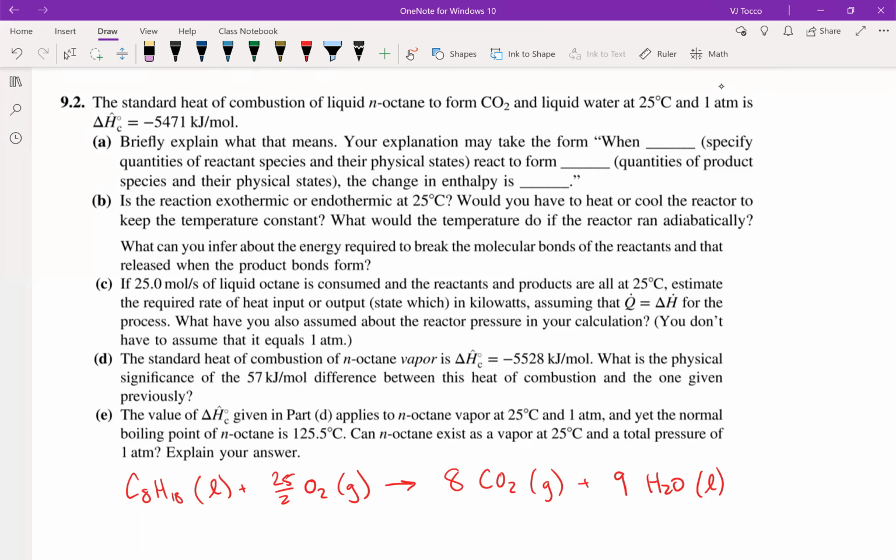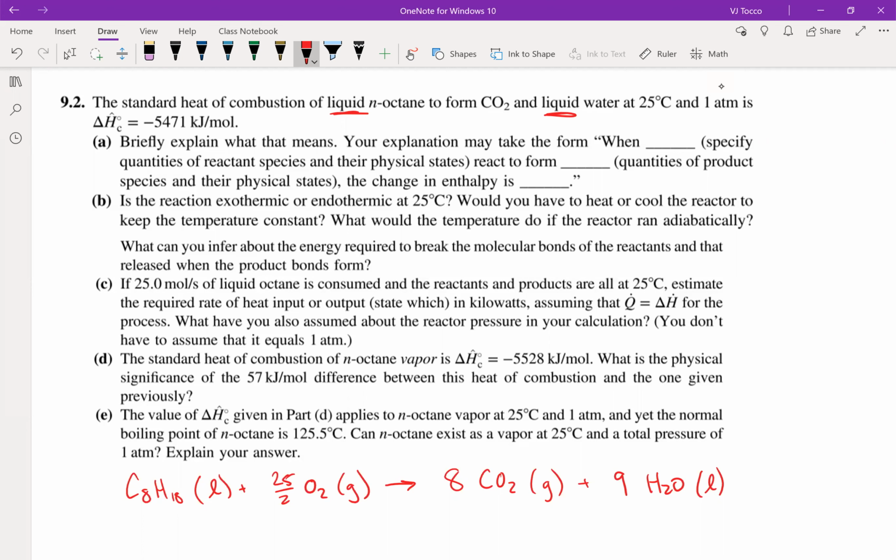Actually, no, it says liquid n-octane right in the problem statement, so I don't even have to assume that. It also says liquid water as well. Oxygen is a gas unless it's extremely, extremely cold. Same thing for carbon dioxide. That's going to be in the gas phase.